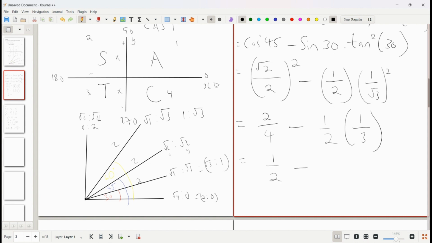And then minus this one, when we multiply half and 1/3, is 1 divided by 6. So all we need to do is to just half minus 1 over 6. What do we have? We can get the LCD, which is what?